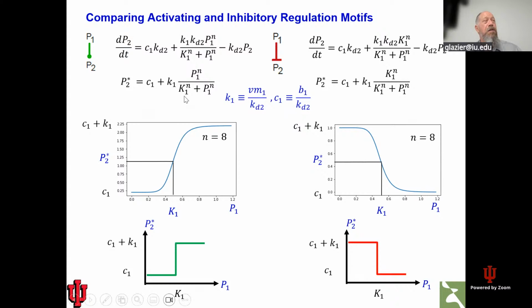There are different ways that you could parameterize these Hill functions, and there are ways of doing it that make it more convenient to do things like ask the question, if I change the maximal rate of production, what happens to the amount of protein?